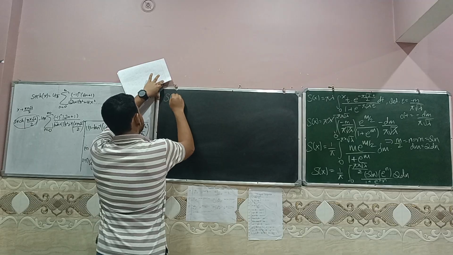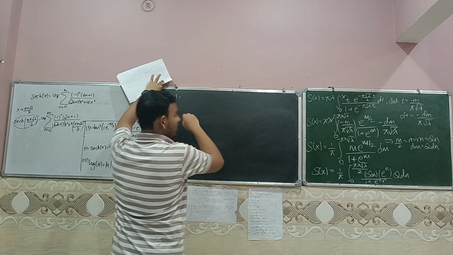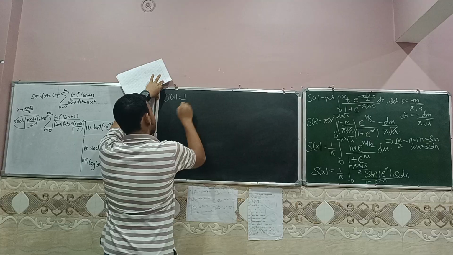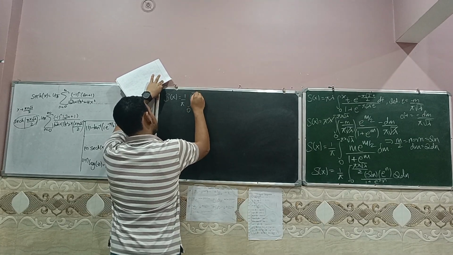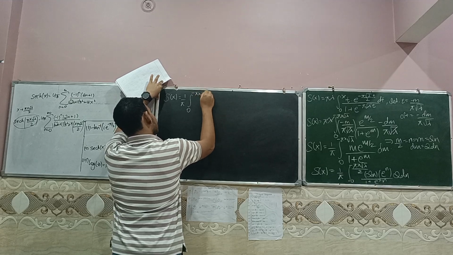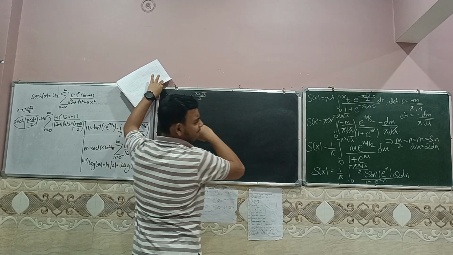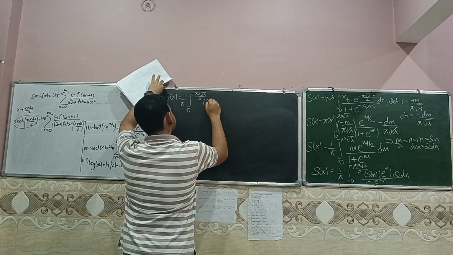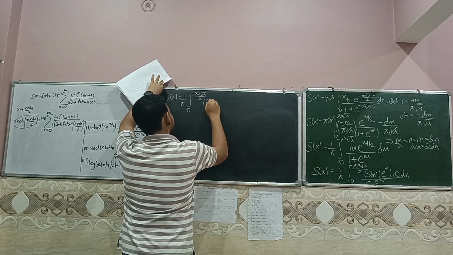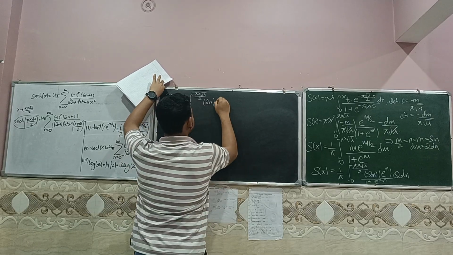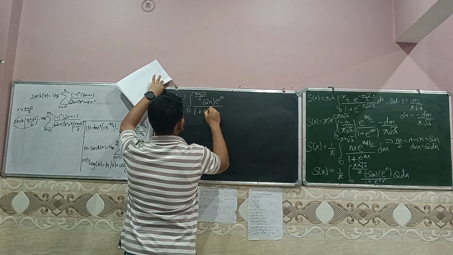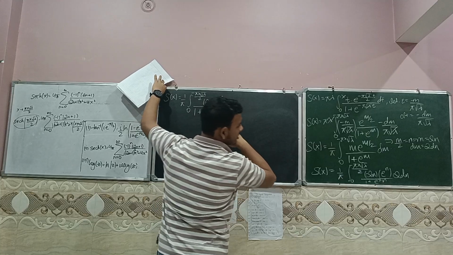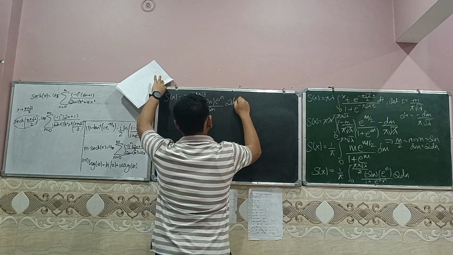So s of x is 1 over pi times the integral from 0 to minus pi x square root of lambda over 2 times 2n, and e to the n over 1 plus e to the 2n, and this becomes 2dn.